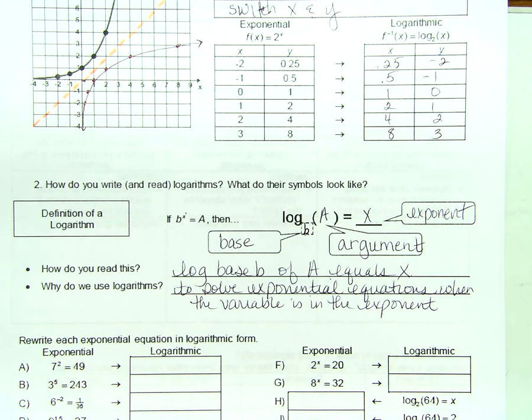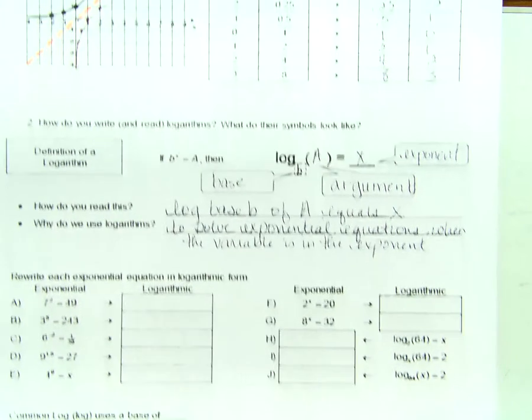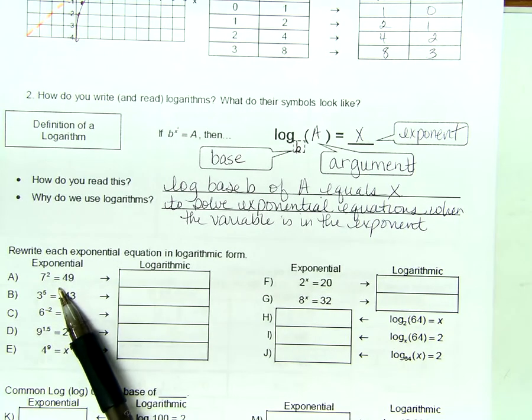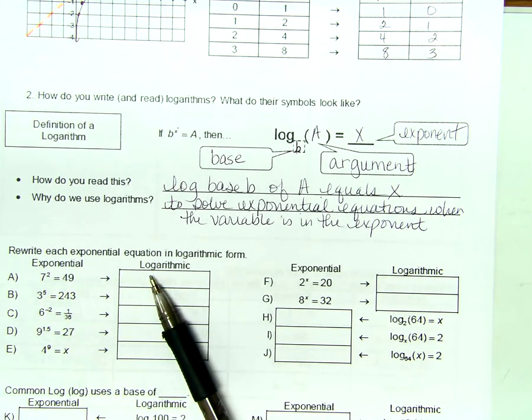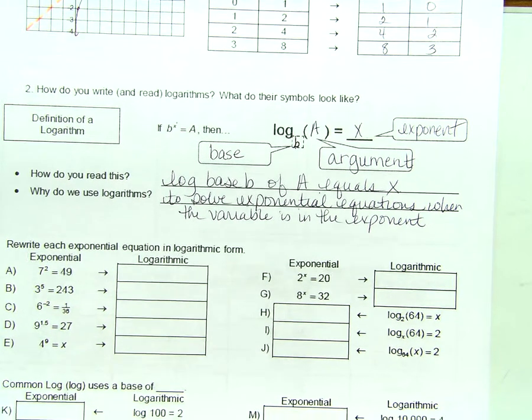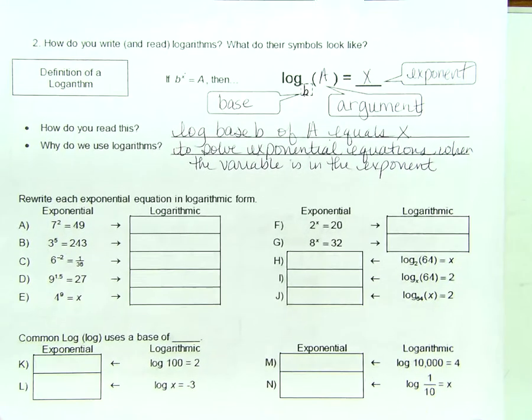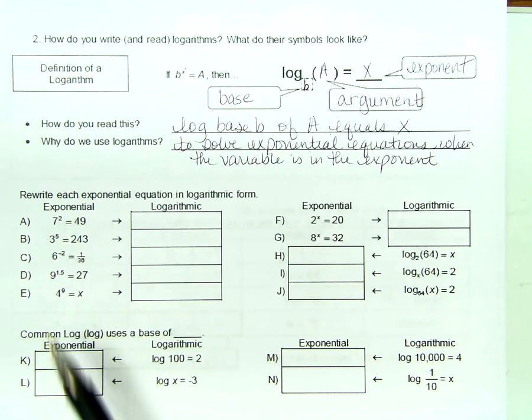Okay? You notice we didn't do that last unit, did we? Because there's no way to get that out of the exponent to solve for it until now. So one of the very basic things that I need you to be able to do is go from exponential form to logarithmic form, and go from logarithmic form back to exponential form. Okay? So look at problem A.